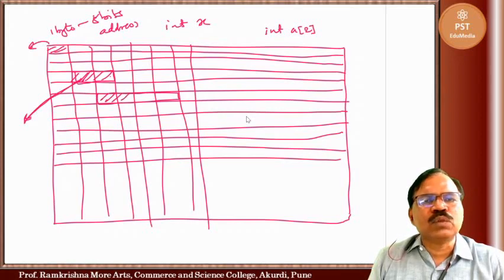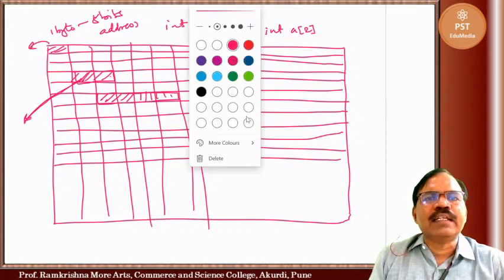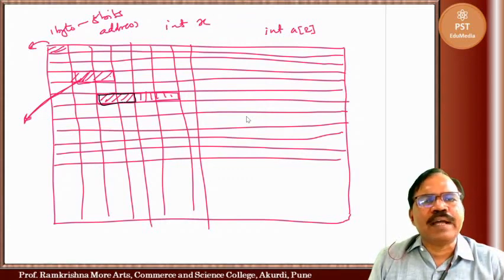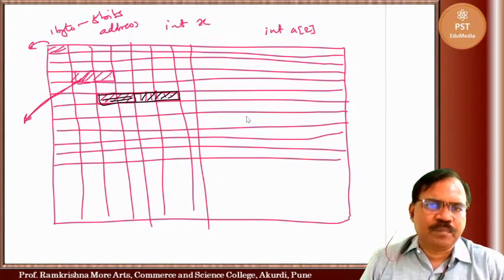These first 2 bytes are for first element and second 2 bytes are for second element of the array. So continuous memory is taken.